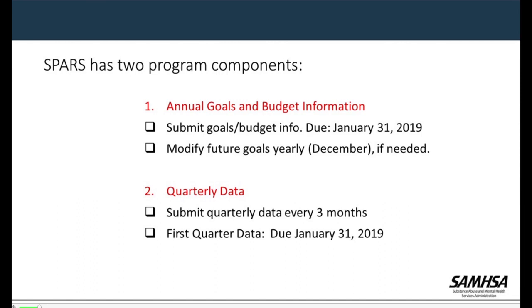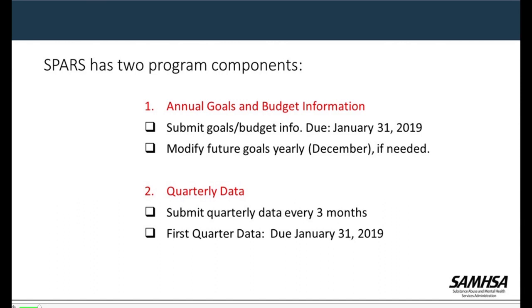And then there's quarterly data. This is data that you'll submit quarterly, every 3 months, and your first quarter data is due January 31st, 2019. So you have 2 upcoming due dates at the end of January. When I say first quarter data, this means data from October, November, and December of 2018.